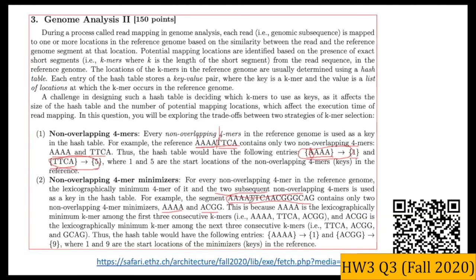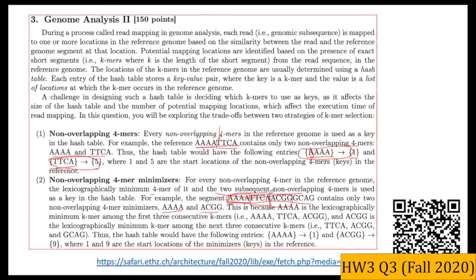The first k-mer is the 4 A's, because k is 4 here, and this is the first 4 characters. The second non-overlapping k-mer is these 4 characters, which is TTCA. And the third k-mer, which is also non-overlapping, this is very important, is ACGG. So now we have already extracted 3 k-mers out of this sequence.